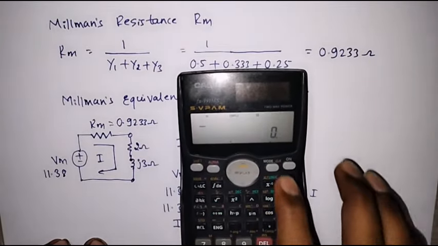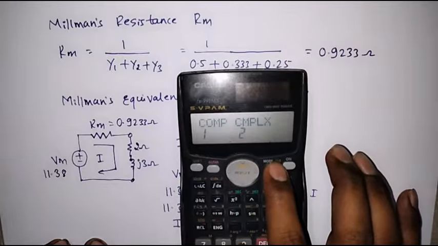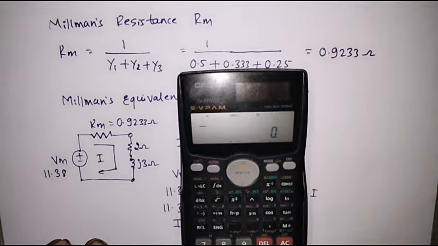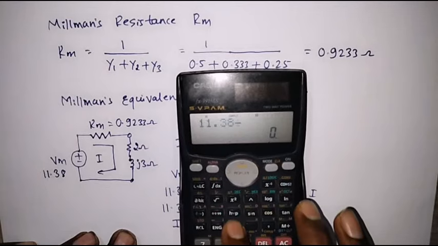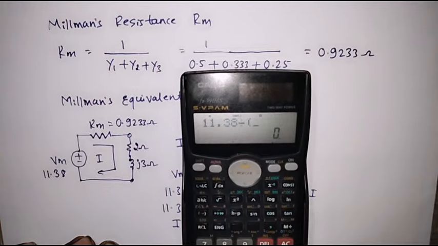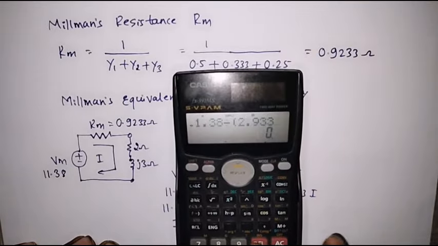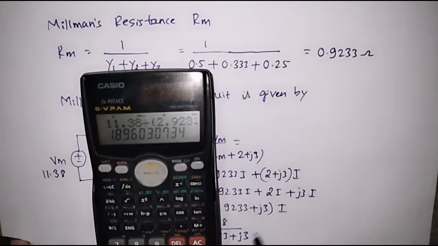Now keep the calculator in complex mode. The numerator value is 11.38 divided by 2.9233 plus J3, which is equal to 1.896.